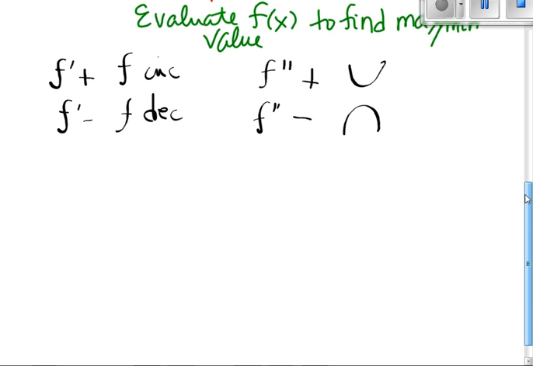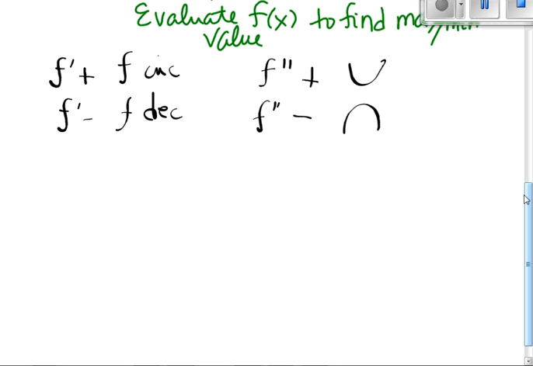Okay. What if I want to find max or mins with a first derivative test? Here is f prime. Now I use this to help. He talks about this little line graph. If f prime goes from positive to negative, what has to be true?